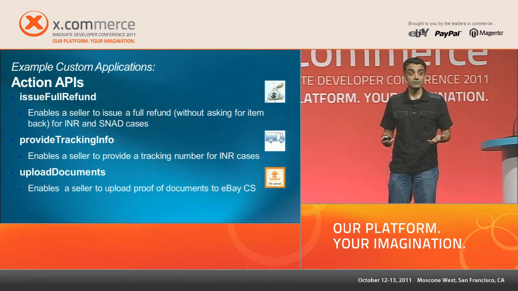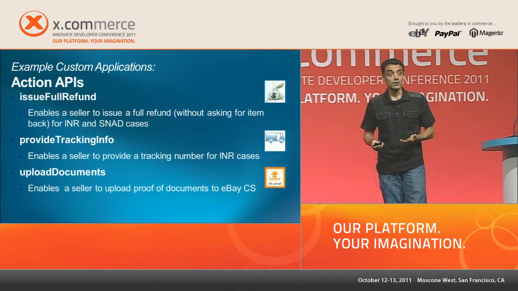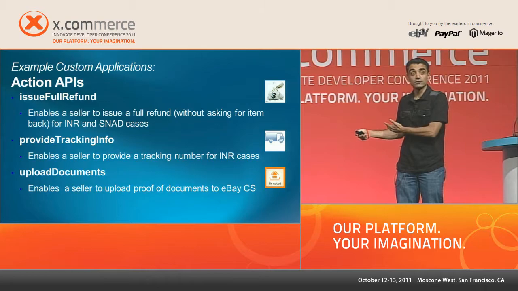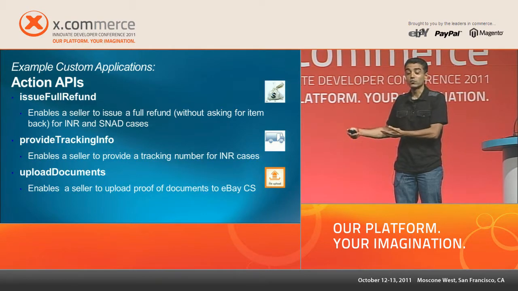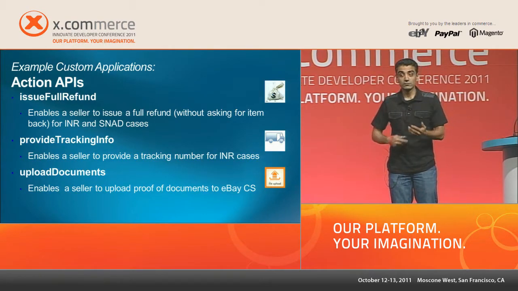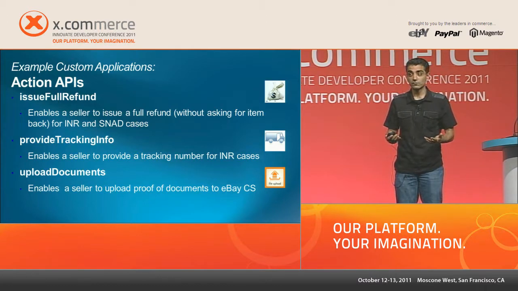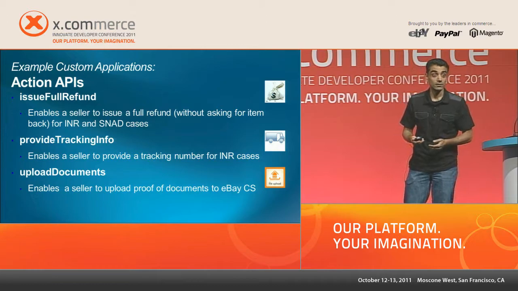Even if it's an item-not-as-described case, you can upload pictures and prove that the box you got back from the buyer, the product was actually broken, right? So this way, it's fair information from both the buyer and the seller when the agent is adjudicating in 48 hours or less.